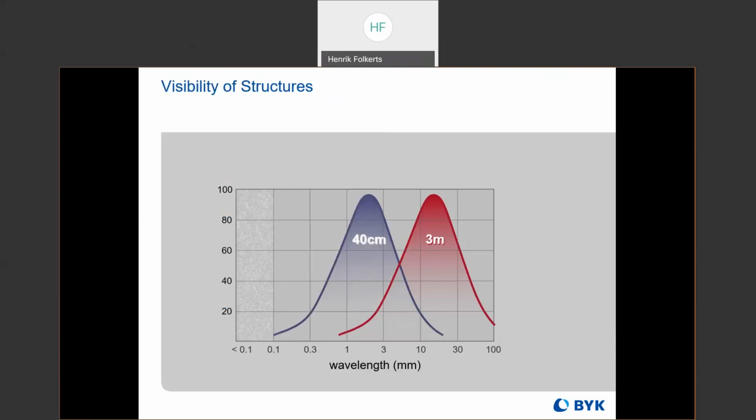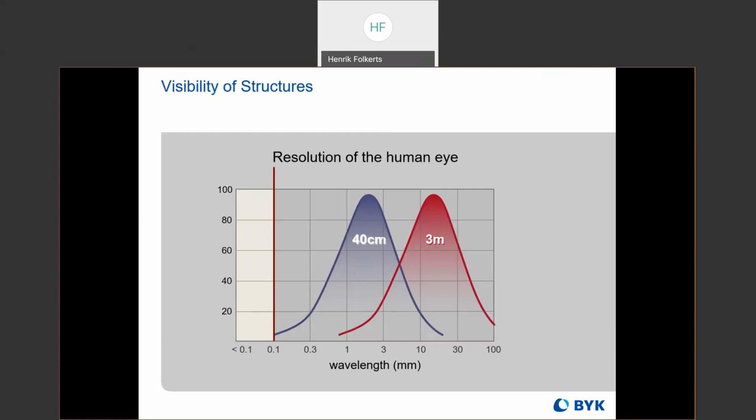So again, the resolution of the human eye, at 40 centimeters, we can best see waves or structures that peak at about 2 millimeters. So this is not wavelength as in wavelength of light. This is wavelength as in the size of the structures or the waves, the waviness in the surface.